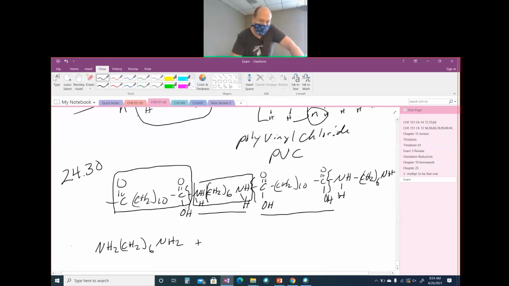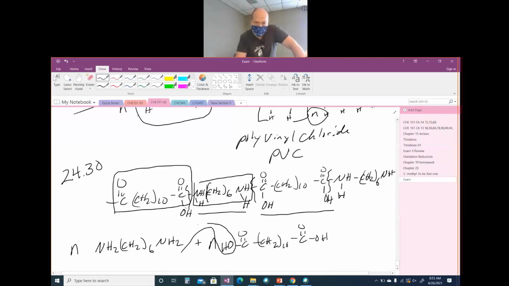You use N large number of times, and the other monomer N large number of times is your carboxylic acid with CH2 sub 10 in the middle, and then another carboxylic acid. And so again, to make this, you simply lose water to make your condensation polymer.